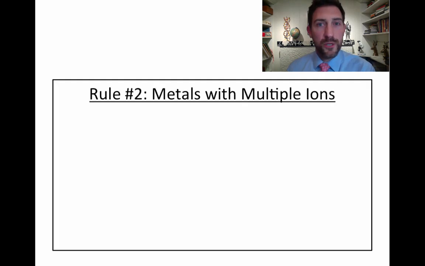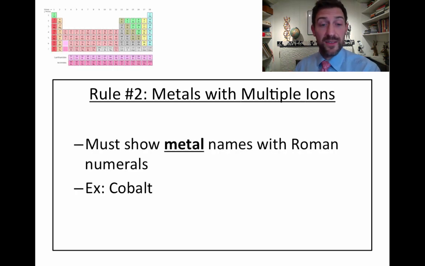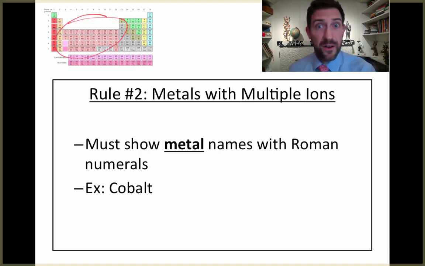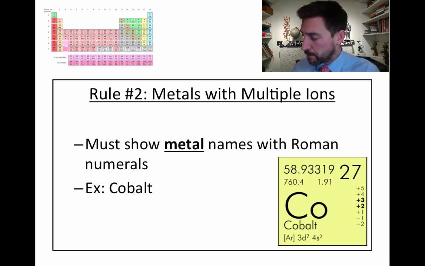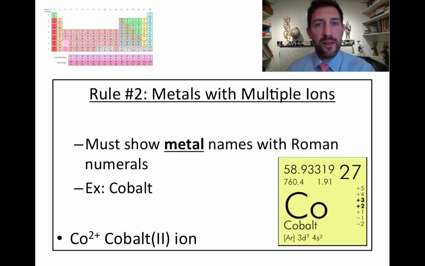Let's go to rule number 2, again, a box around this. What do we do with those metals that have multiple ions? So sometimes they have multiple oxidation states. They can turn into lots of things, especially the transition metals. Transition metals, if you've forgotten, live down here in the Grand Canyon in the valley. What do I do about those? Well, I pulled cobalt out of here just as an example.